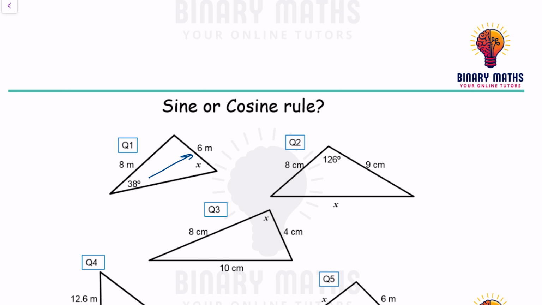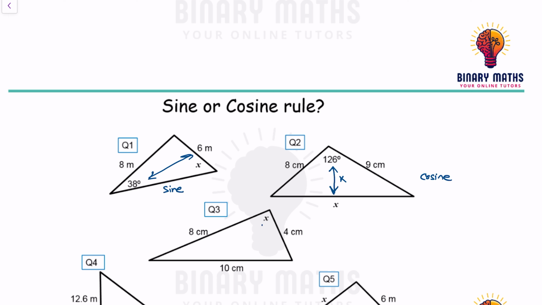If you look at it, you do know this opposite length and angle. So when you know an angle and length that are opposite each other, you know you can apply the sine rule to that one. In question 2, you don't have an angle and length opposite each other, so you know you'll have to use the cosine rule in this case.